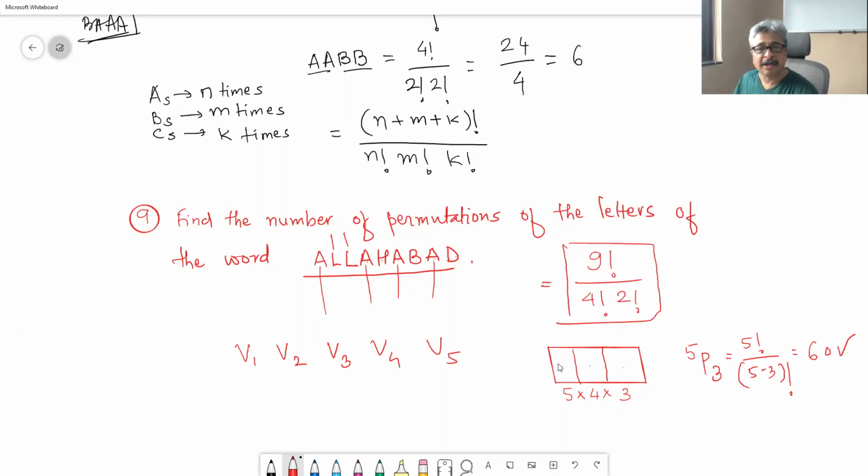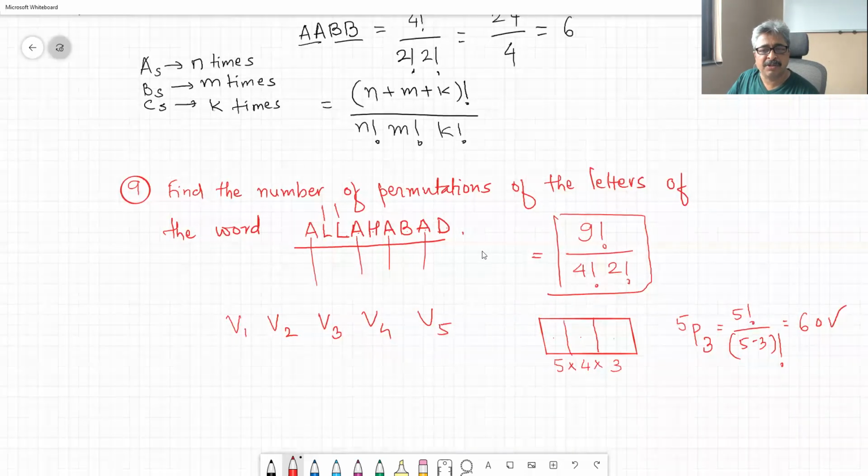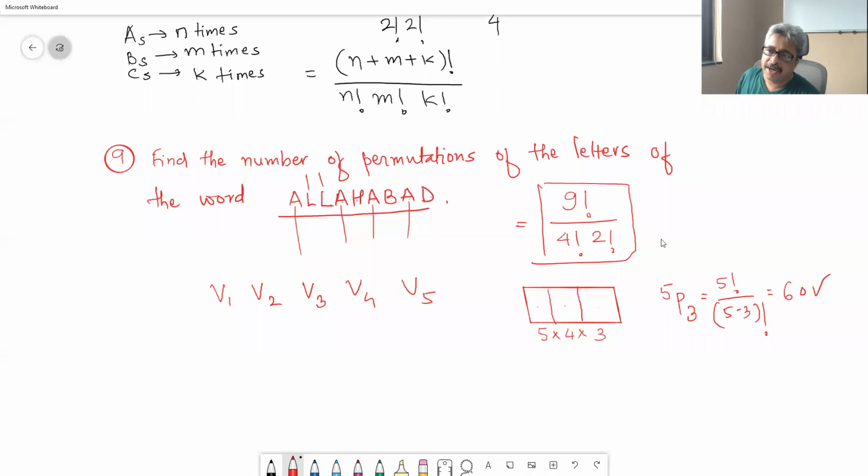Now let me make it a little different. Now I go to a vegetable shop and there are 5 different vegetables in that vegetable shop. And my wife has said, go and get 3 vegetables.